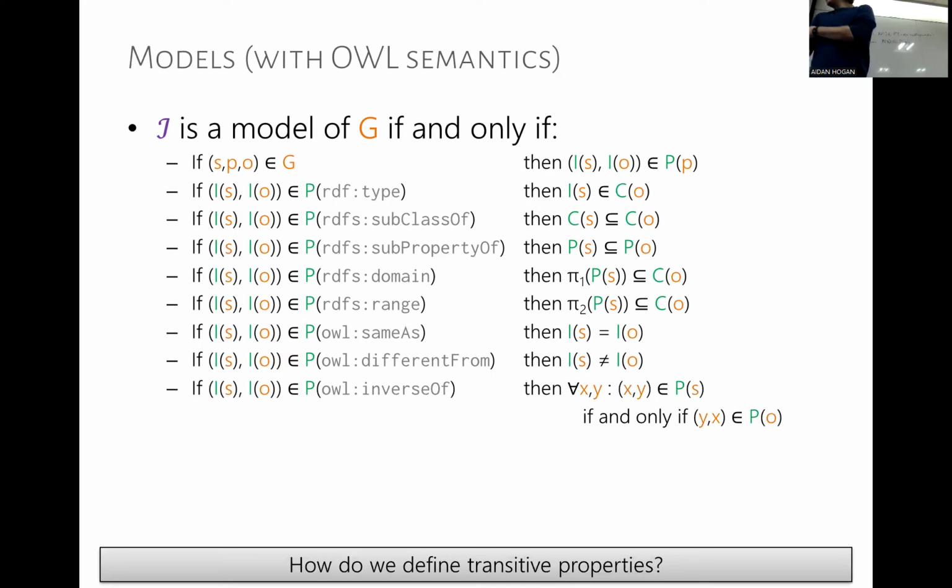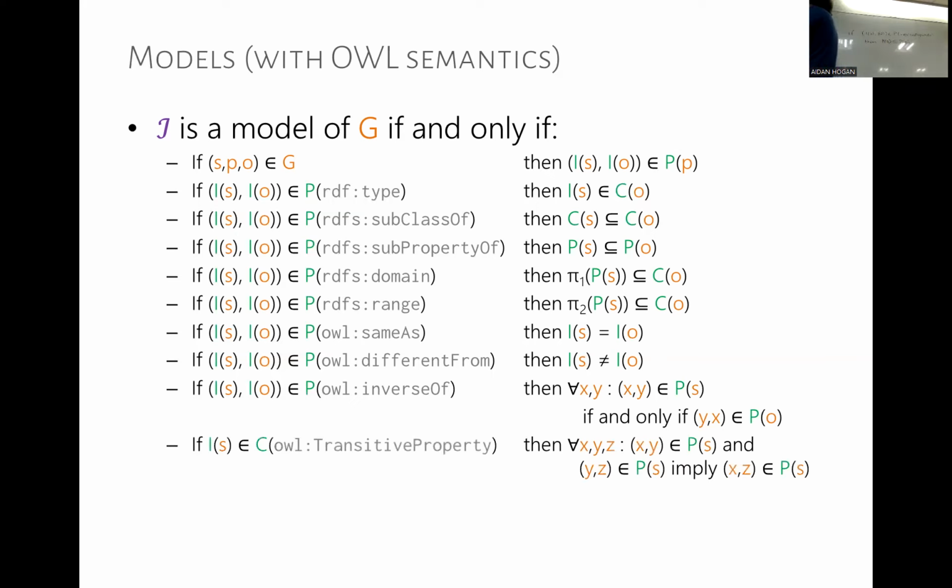Transitive properties is something similar. We're going to have X, Y, Z this time. For all X, Y, Z, if XY is in the property S and YZ is in the property S, then it implies that XZ is in the property S.